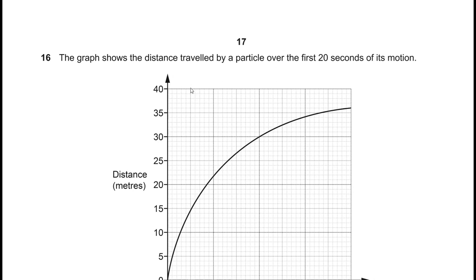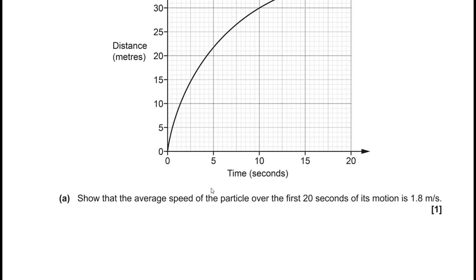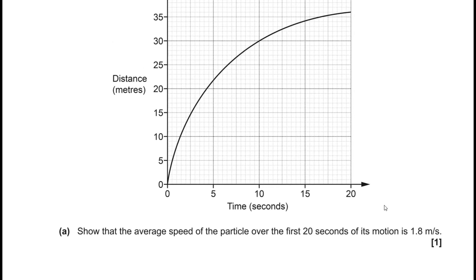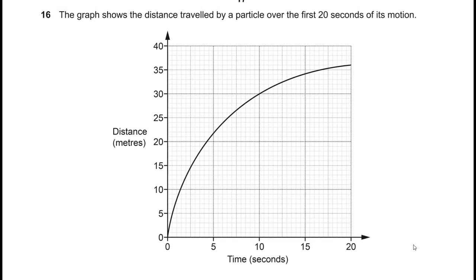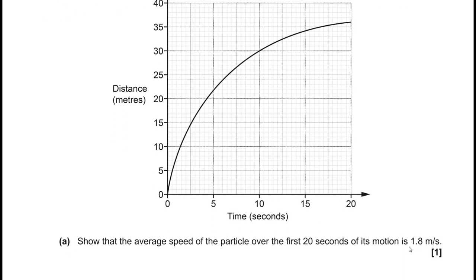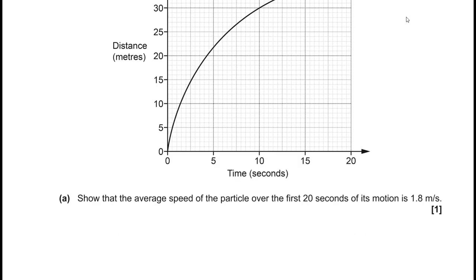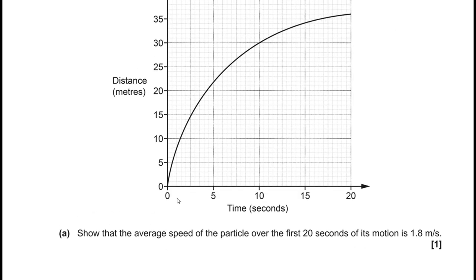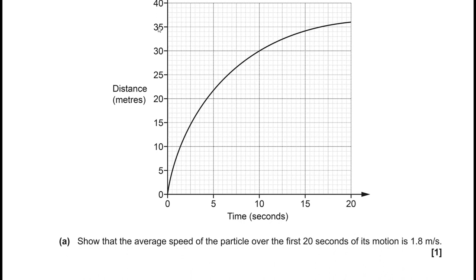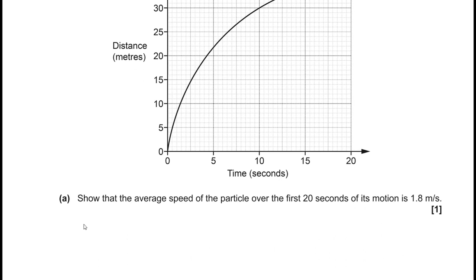Question number 16. The graph shows the distance travelled by a particle over the first 20 seconds of its motion. For part A, we have to show that the average speed of the particle over the first 20 seconds of its motion is 1.8 meters per second. Well, we travel a total of 36 meters in 20 seconds.